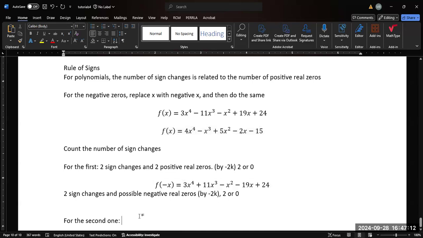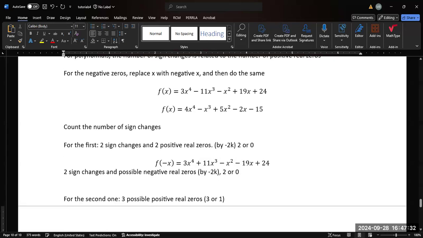So that's 3 possible positive real zeros. So 3 or 1, 3 is the maximum.